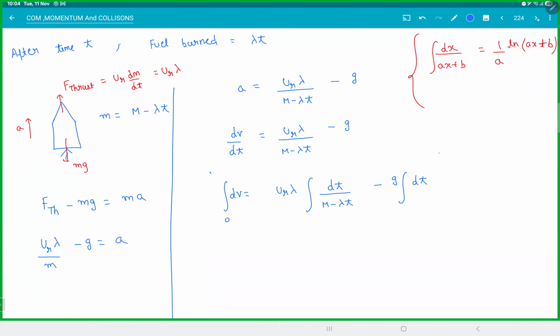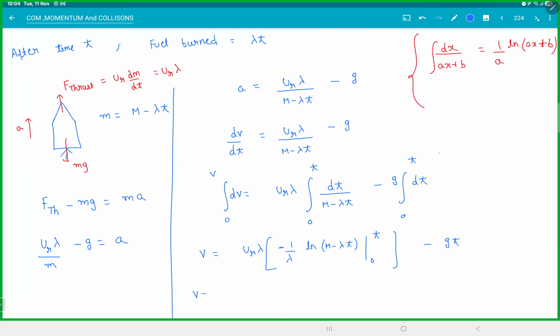These limits will go from 0 to v, this limit will go from 0 to t, this limit will go from 0 to t. LHS will become v, this will become u relative lambda. So if you see, in the denominator we have minus lambda, so minus 1 by lambda ln M minus lambda t, limits will go from 0 to t, minus gt.